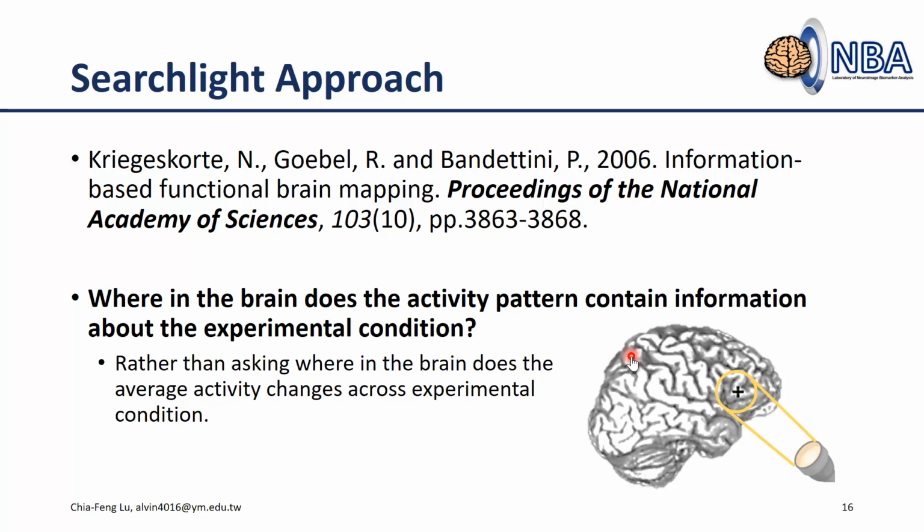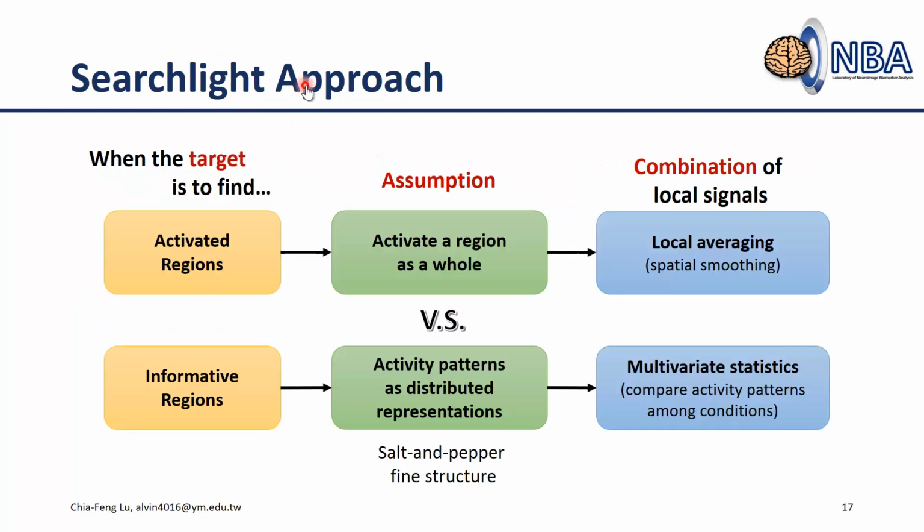However, if the result is not good enough, then you will shift your feature set to another group. So you search all the brain regions with different voxel sets or feature sets to identify which part of the brain may bring the most important or most valuable information to help you differentiate the experimental condition right here. Okay, so this is the so-called Searchlight Approach.